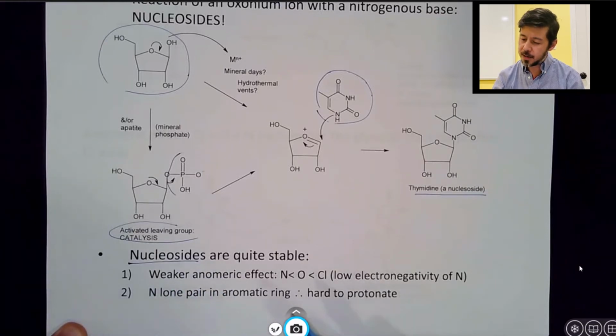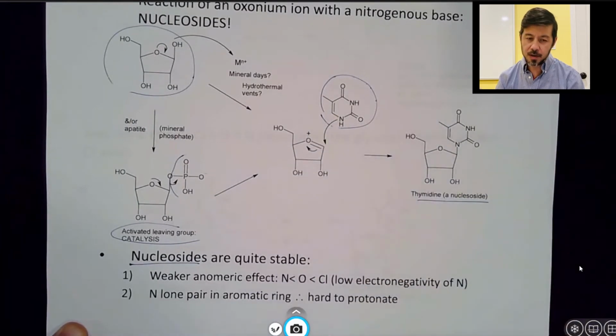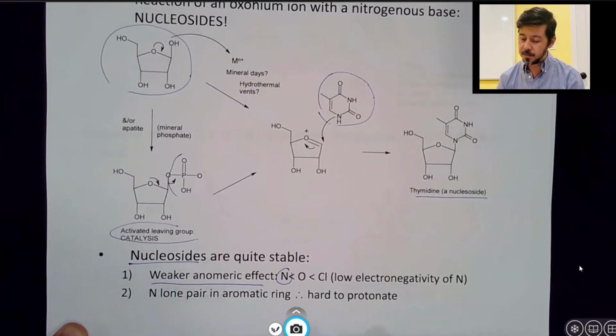If we think of why nature picked a nitrogen to react here when you could think of oxygen or maybe halogens, there's actually a much weaker anomeric effect with nitrogen compared to oxygen. We learned about the anomeric effect that stabilizes that interaction through the donation from the oxygen into the CO sigma star bond.